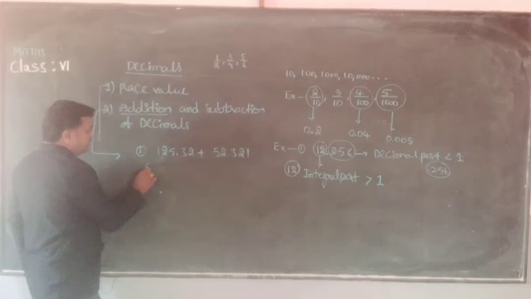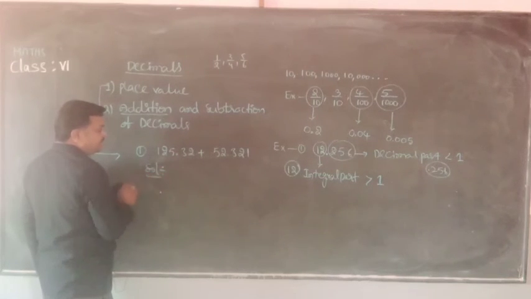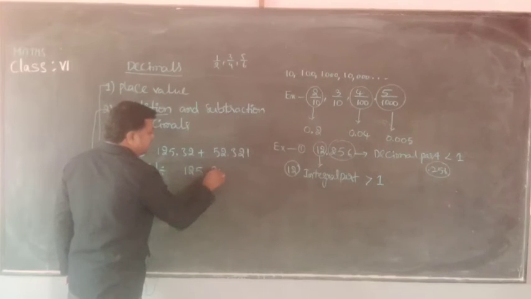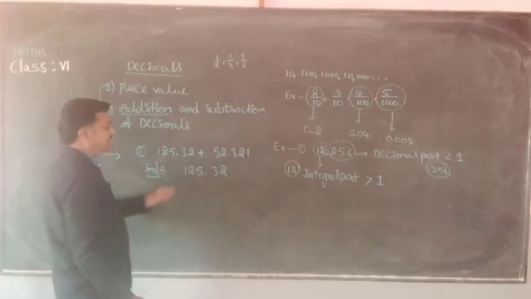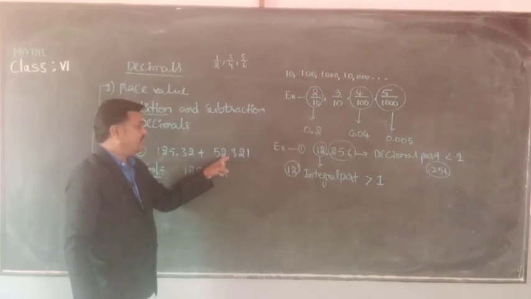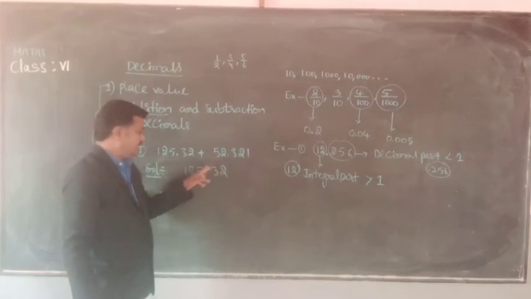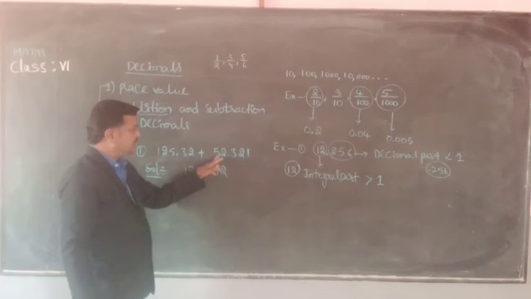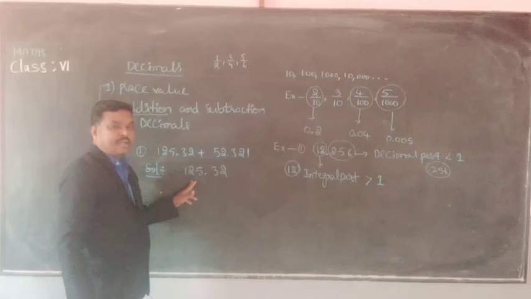In the vertical method, first we have to write the given decimal numbers: 125.32. Next is 52.321. Here only ones and tens are there, so we have to write the second decimal number from the tens place.